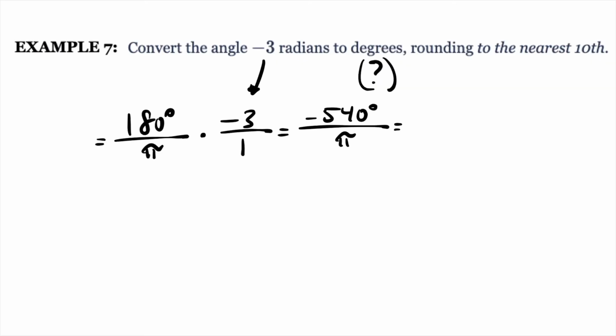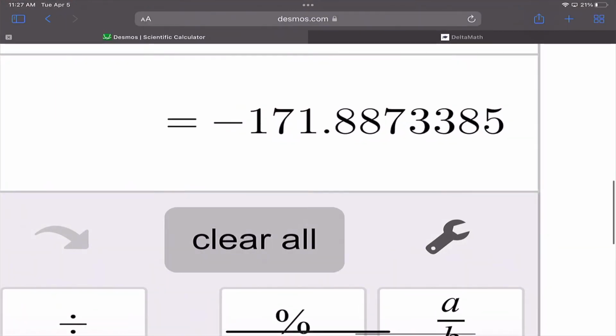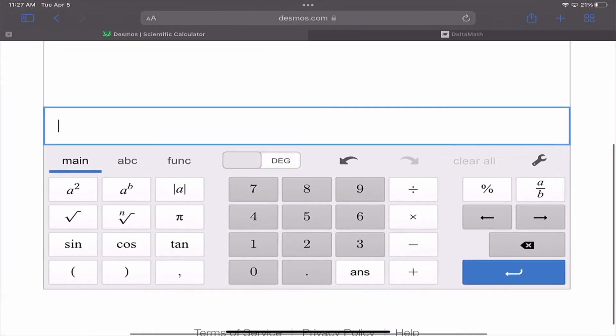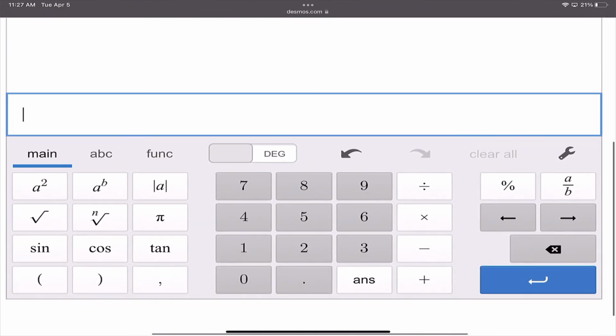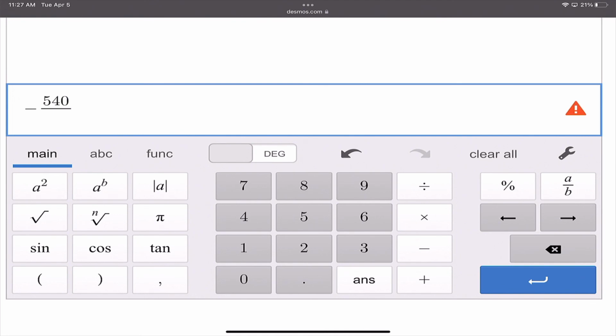When you go to your calculator, you're going to say negative 540 divided by pi. Use the pi button. Don't use 3.14 because that's a rounded number. Pi is still a rounded number, but it's a lot closer to what it actually is.